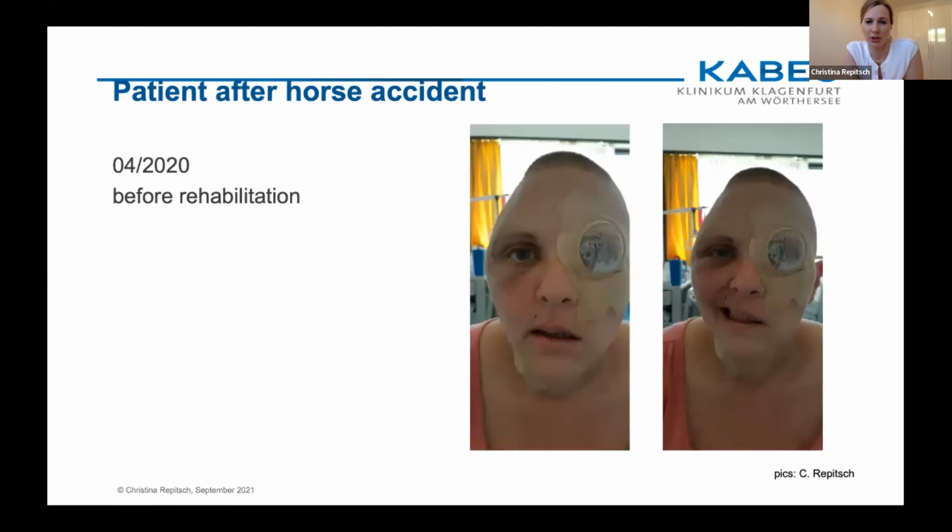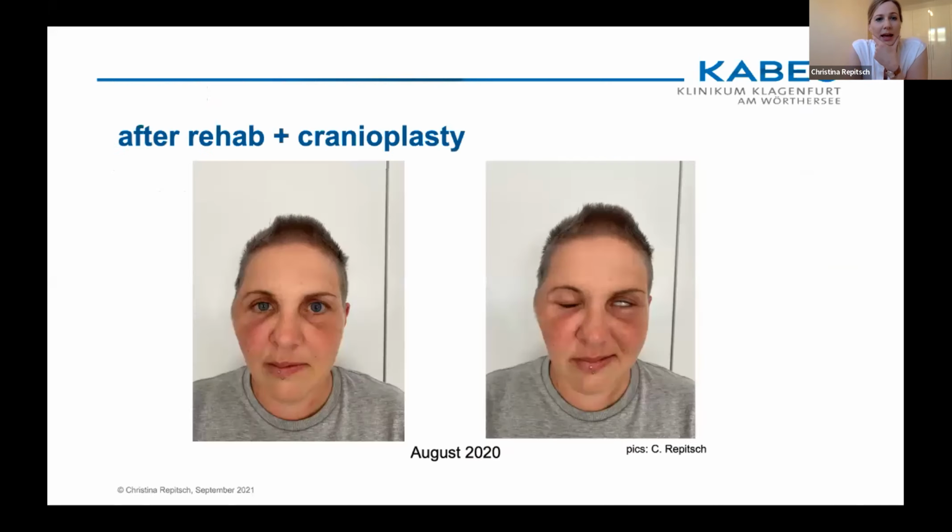She has a complete peripheral facial palsy on the left side. And these are the pictures after the rehabilitation and the cranioplasty in August 2020. So you see here there's still an incomplete peripheral facial palsy.